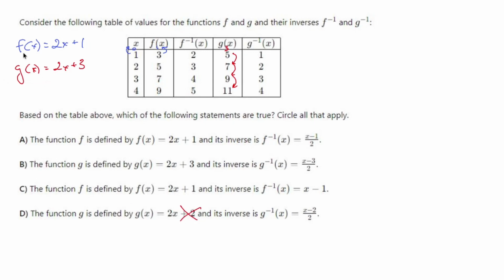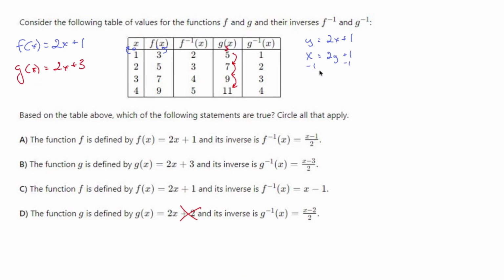Okay, so now use that information to find out what f inverse of x is and g inverse of x is. I'm going to do that by replacing, for f of x first, f of x with y, so y equals 2x plus 1. Now swap the x and the y to make it x equals 2y plus 1. Solve for your new y.